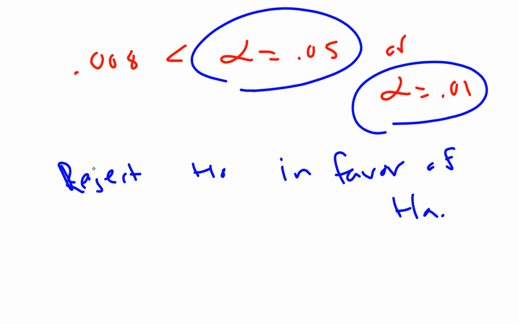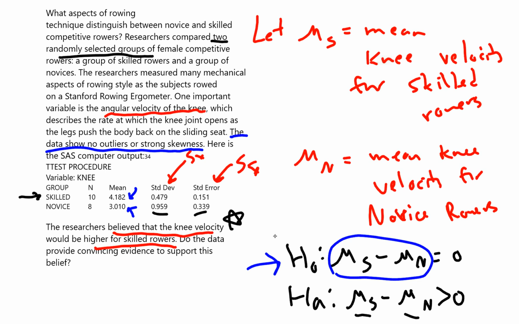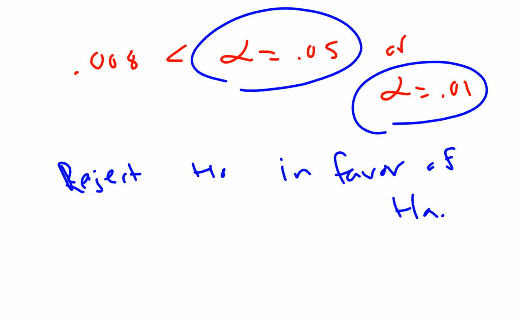And that's telling us that we're going to reject this statement that the two means are equal and rule in favor of the alternate that this is true. And so that's saying that we had a significantly higher mean for skilled rowers than we did for novice rowers. So this knee velocity is faster for experienced rowers, and that's what we've proven.